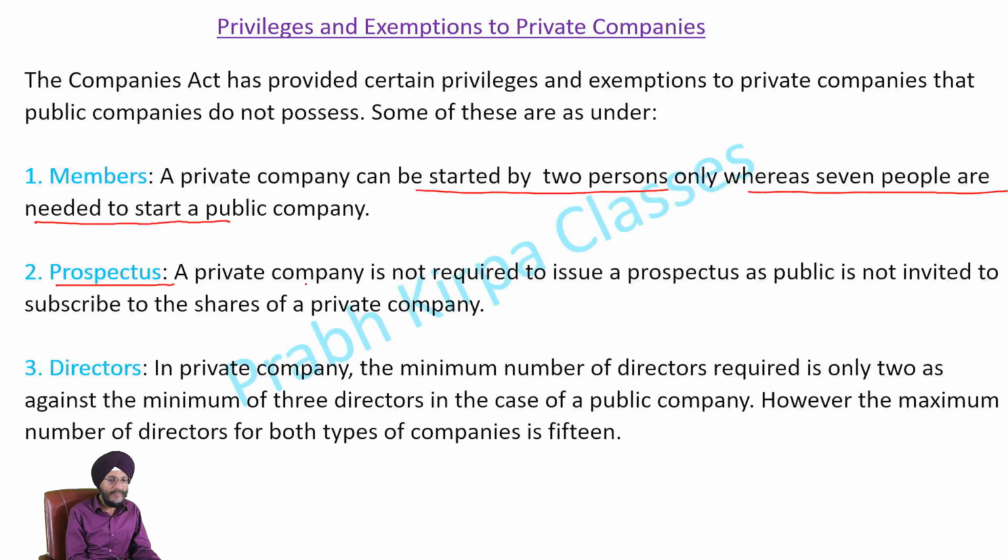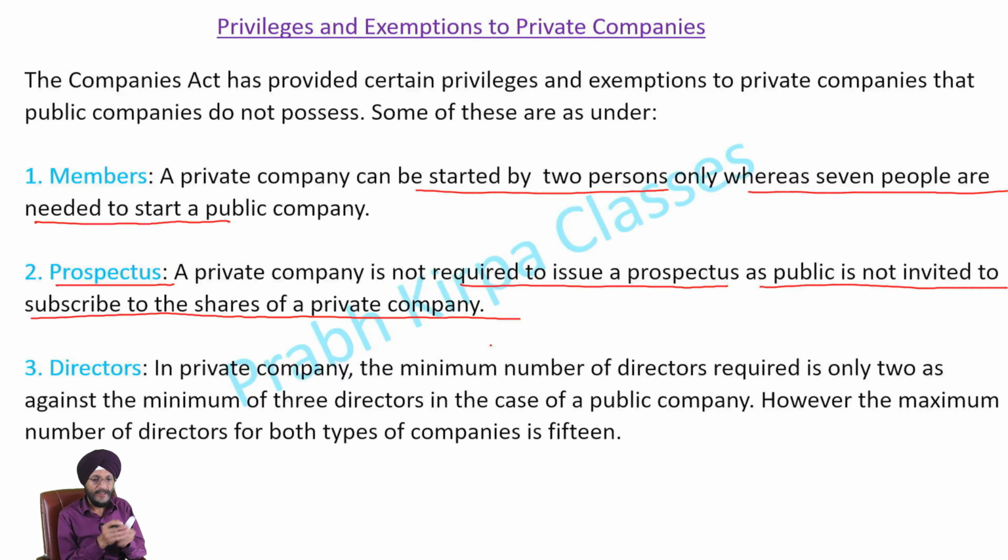Prospectus. A private company is not required to issue a prospectus as public is not invited to subscribe to the shares of a private company. What is the meaning of prospectus?